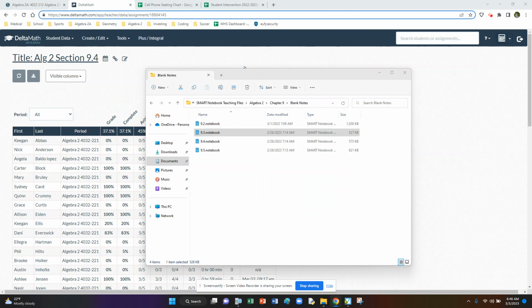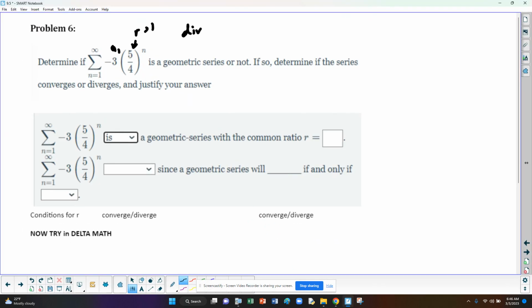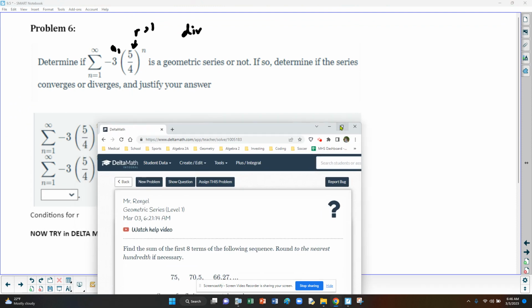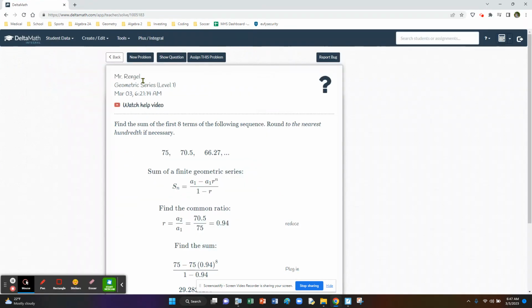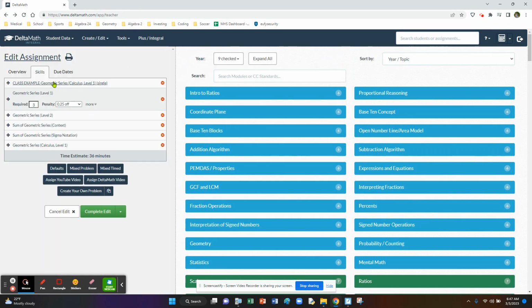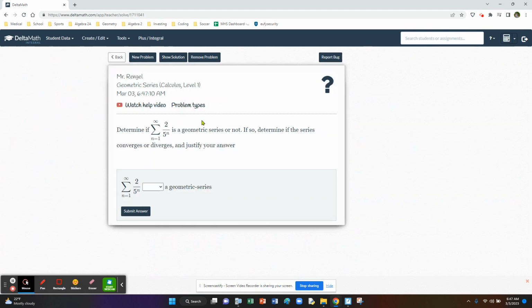But we head to our Delta Math, and we have a teacher-led problem. So we'll head to the class example here. Looking at this one, we've got a 2/5 happening right here, but the 2 is actually in the numerator, so that would be your starting point.